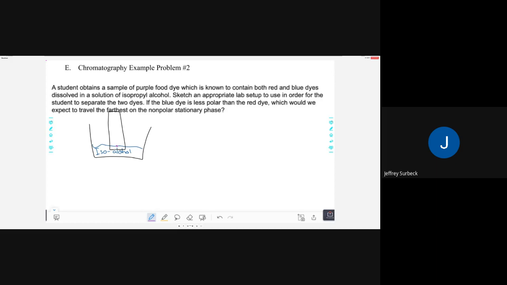It's polar because of that OH, that hydroxyl group. Okay, that's a really polar part of it. All right. So red is more polar.